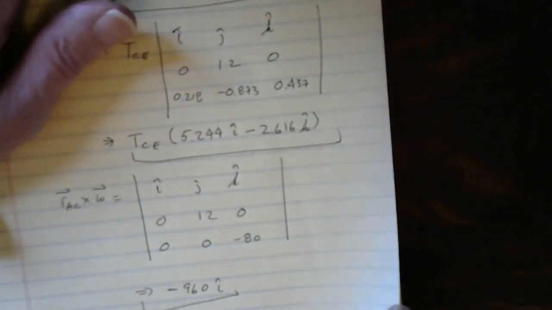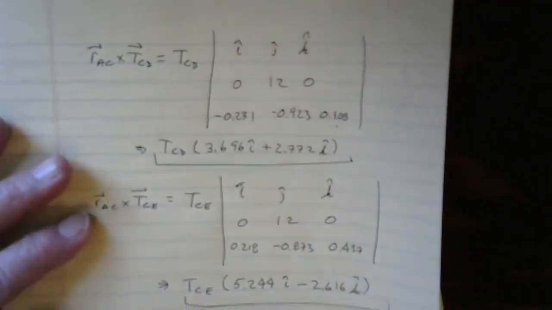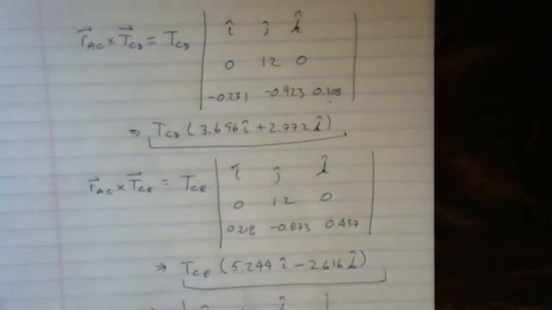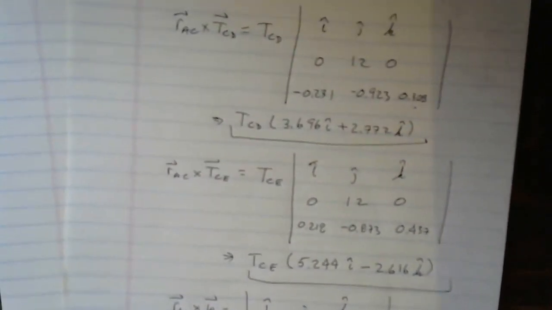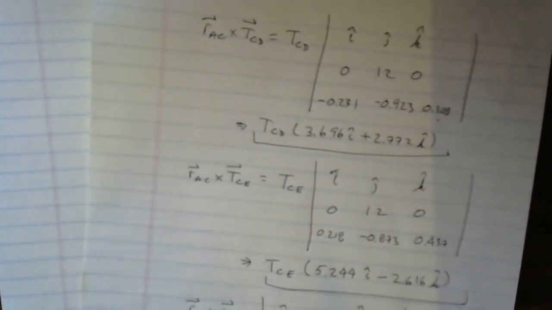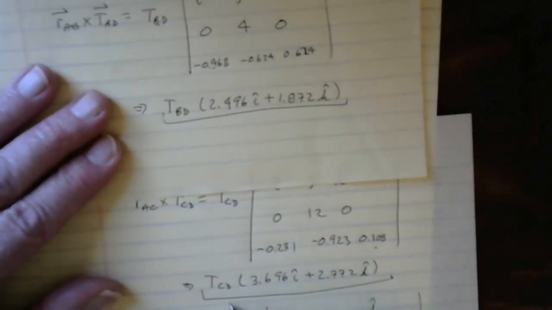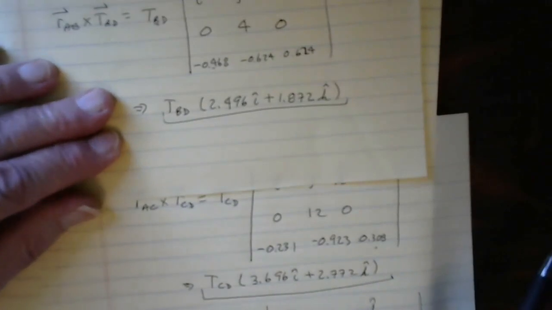All right. Okay, so now all I have to do is collect the I, J, and K terms. And while I do that, I may as well do this. TCD and TBD, the magnitudes are the same. So I'm just going to call that TBCD. All right, so now I collect the terms.